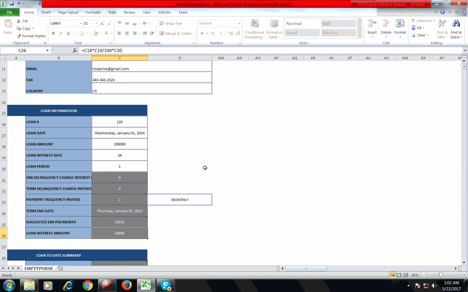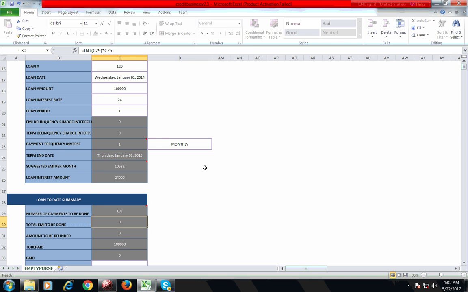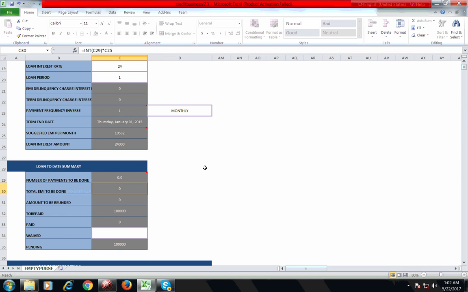So once all the details are there, it just mentions number of payments to be done. It's not necessary. Only these particular cells are important.